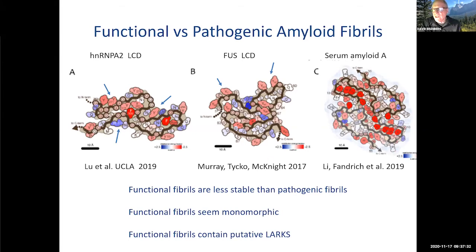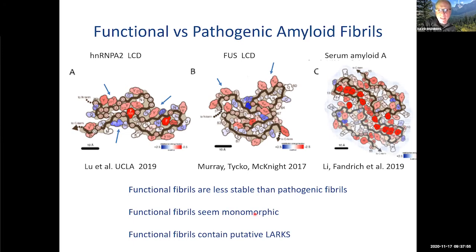That's in contrast to this pathogenic amyloid, serum amyloid A. Look at this very stabilizing interaction here. And the same is true of the functional amyloid FUS, very few stabilizing residues. So these functional fibers are less stable than the pathogenic fibers.